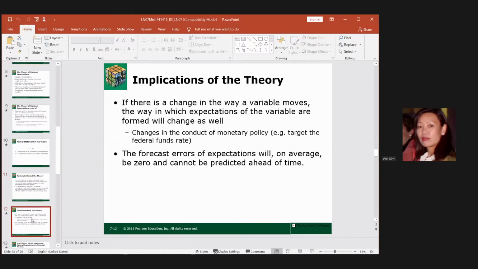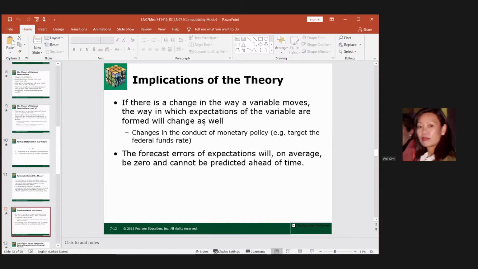So in theory, here I'm trying to say what an efficient market is going to be. What about the implication of the theory? If there is a change in a variable, if any variable in your model changed, such as an inflation change or job data change, then the way in which expectations of the variable are formed will change as well.